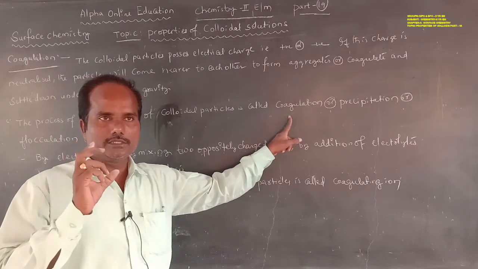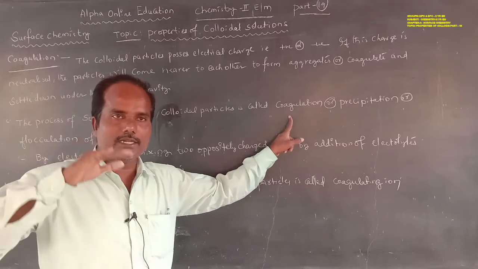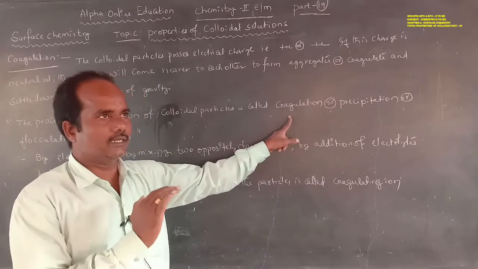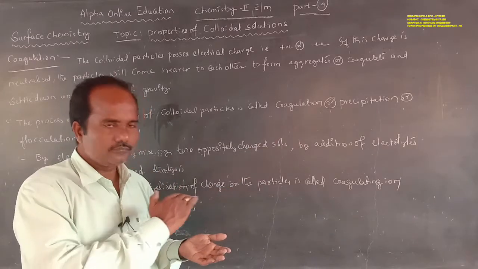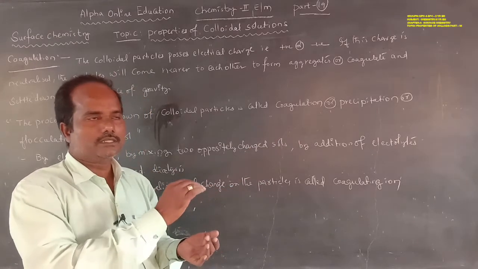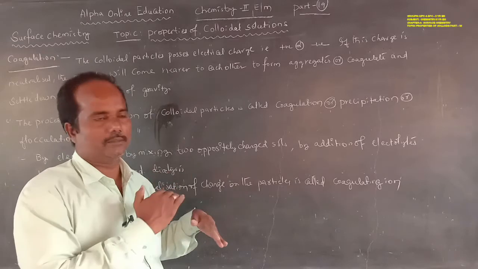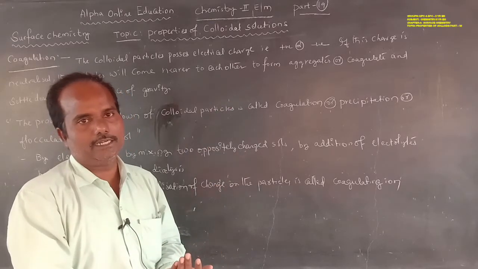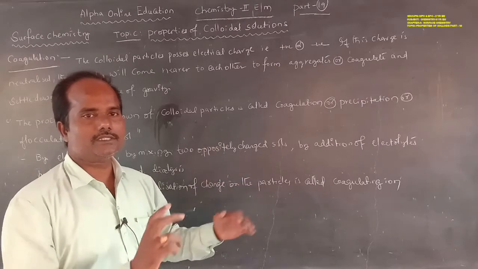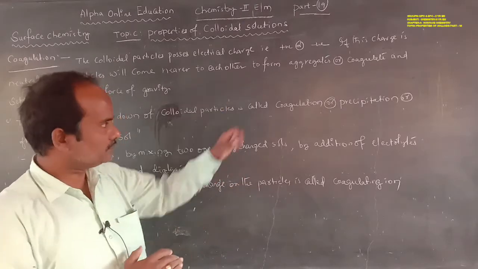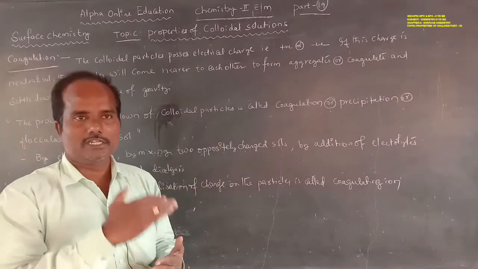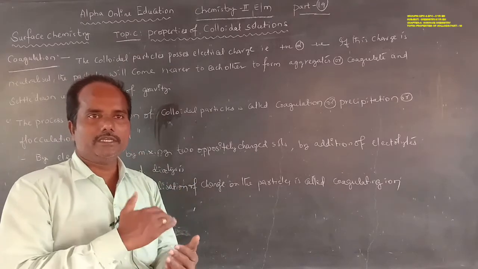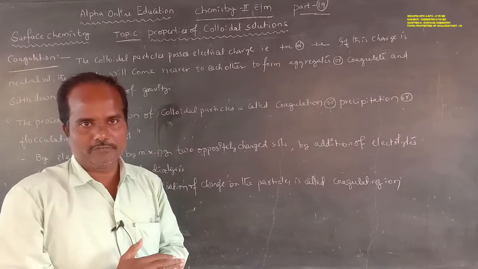When the material is in the colloidal state, it looks somewhat like a solution, whereas when it has settled down, the dispersion medium and the dispersed phase can be easily differentiated.